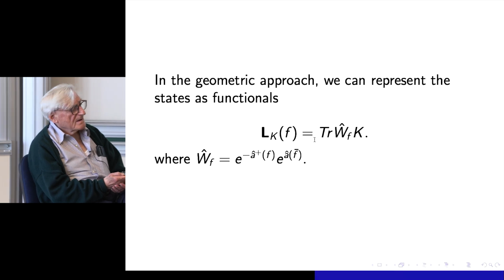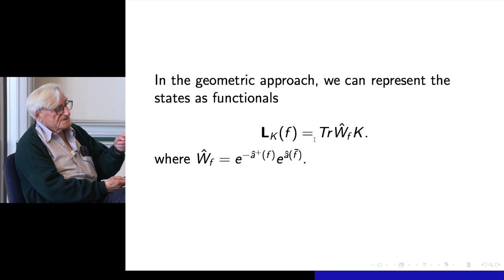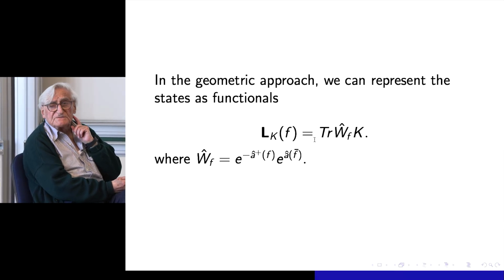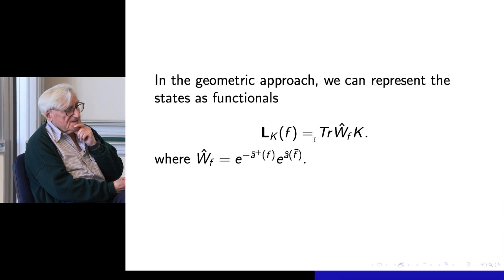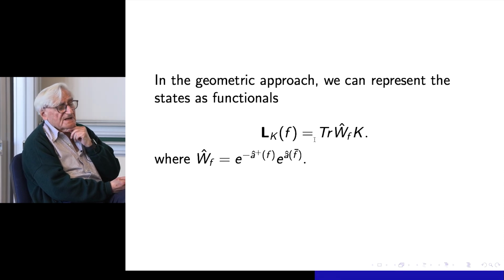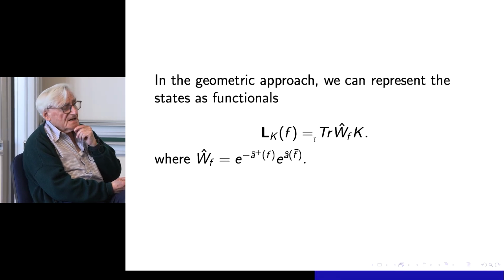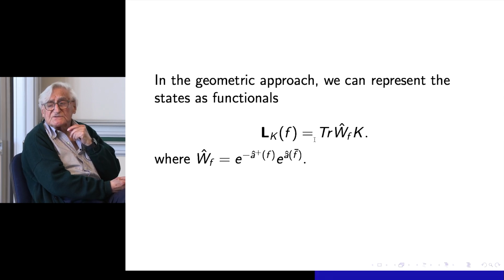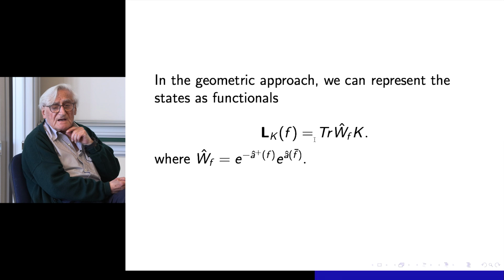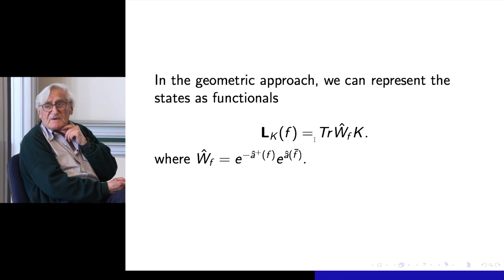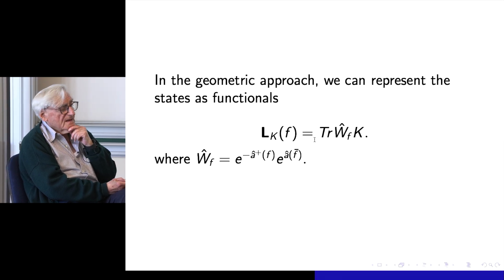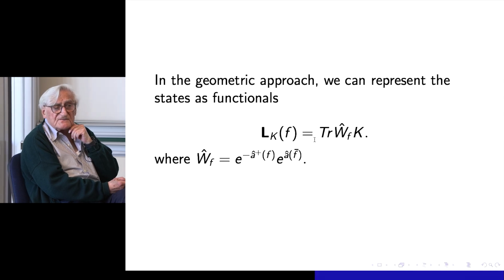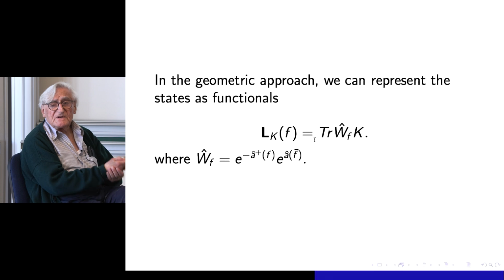Is it your pre-Hilbert space? Remember that these operators A of f are defined if f belongs to some pre-Hilbert space that I believe was denoted by E. So this is a well-defined function on this pre-Hilbert space.